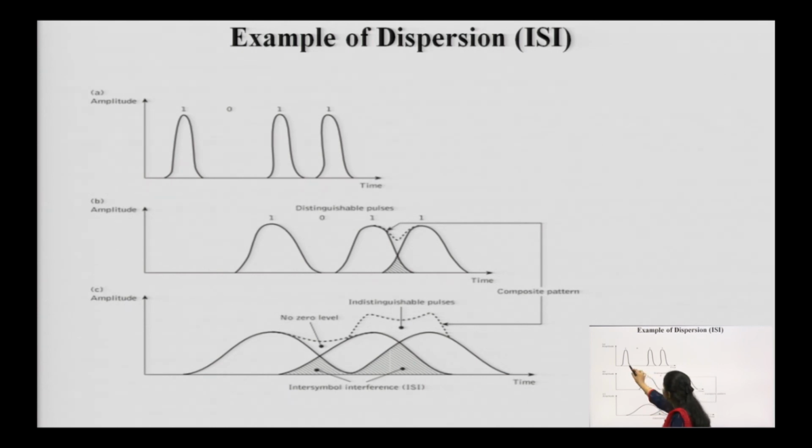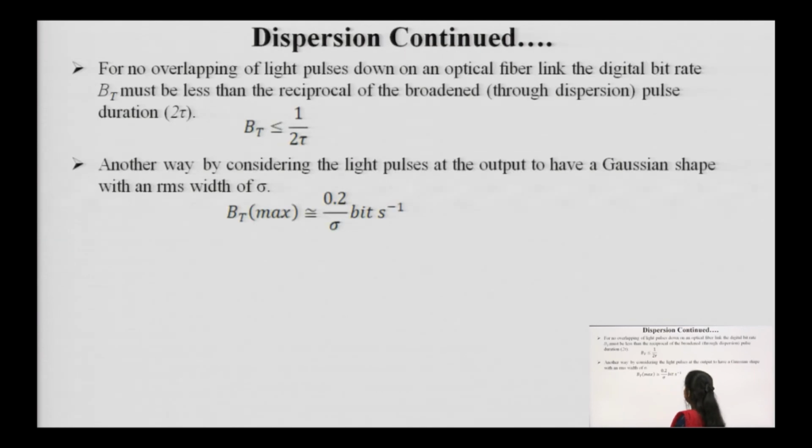The distance between these two pulses is reduced, and the distance between these two pulses also gets reduced. These two pulses get overlapped, and if we go on increasing, then this distance also gets minimized and the overlapping keeps on increasing.